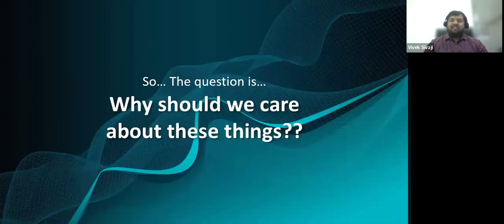So the question is, why should we care about these things? This is something that you may have to actually convince the non-safety professionals of, because at the end of the day, they have the attitude, well, as long as it isn't broke, why fix it? Now, to make them understand the factor, right?